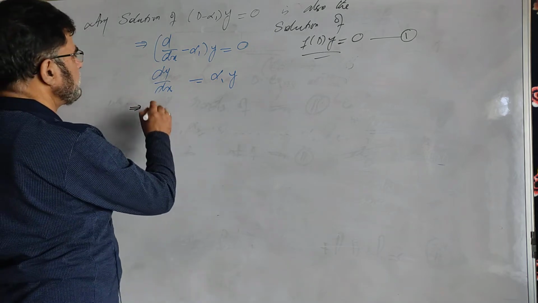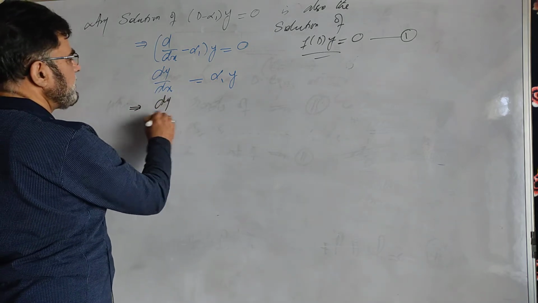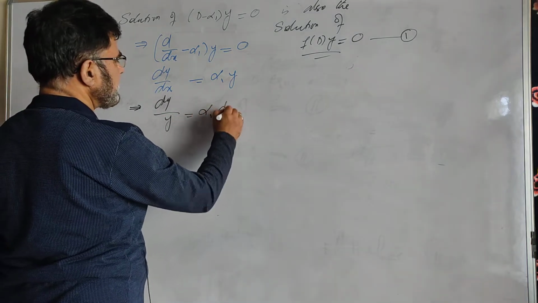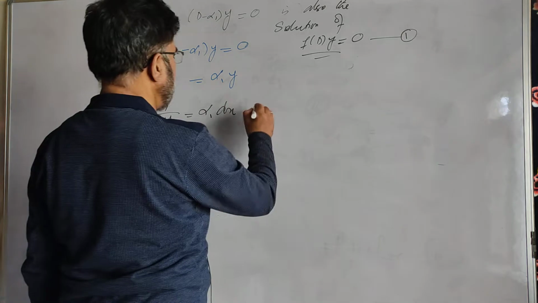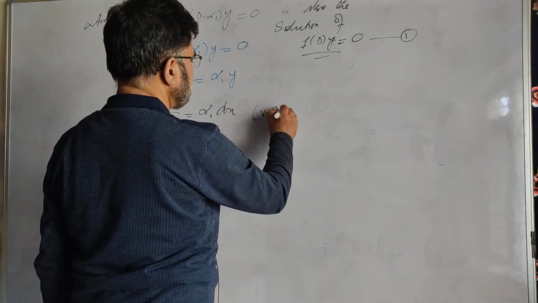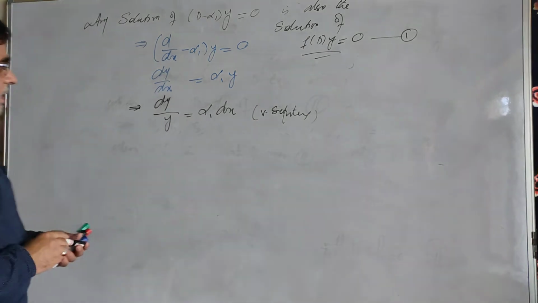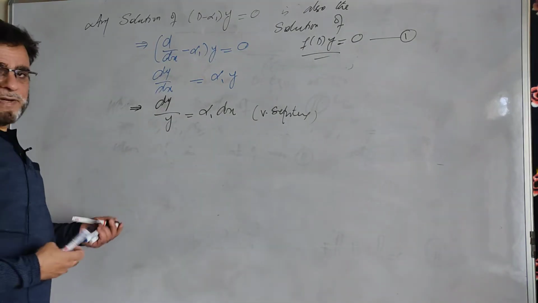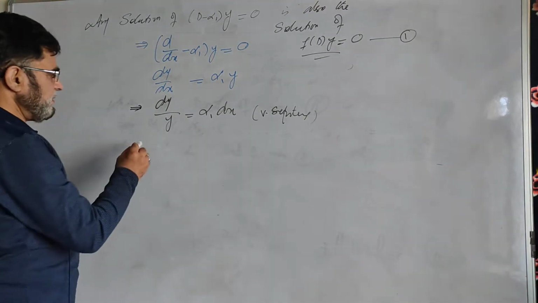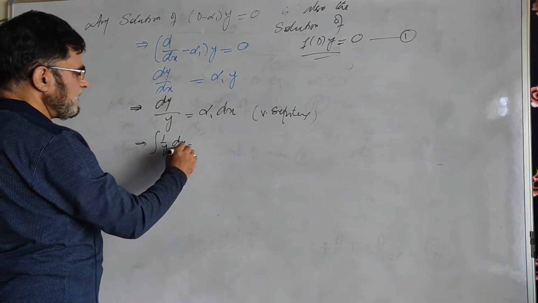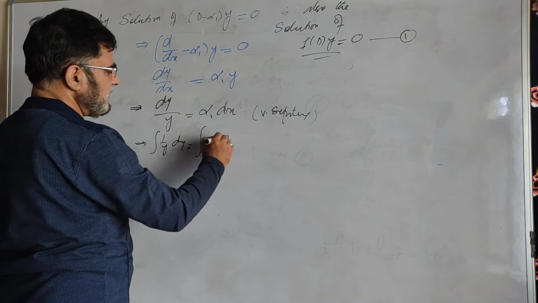This is dy by y is equal to alpha 1 dx. So you have the variables separated. When you integrate by this variable separable method, this will be the integral of 1 by y dy is equal to the integral of alpha 1 dx.